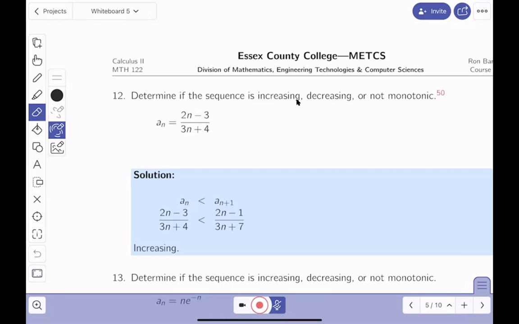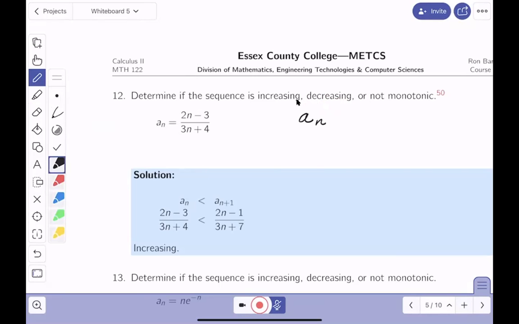Well, I'm looking at it, and I have a suspicion about this thing, that it's decreasing. I really believe that this thing is decreasing. So if it's decreasing, what am I going to say? I'm going to say that if it's decreasing, a_n... did I say decreasing? Let me think about that.